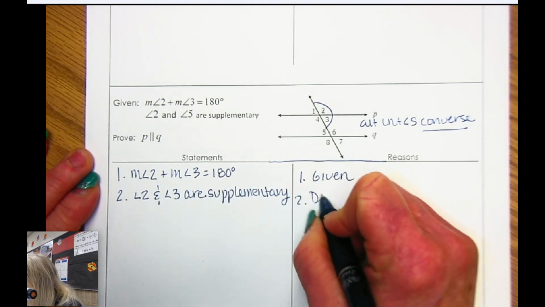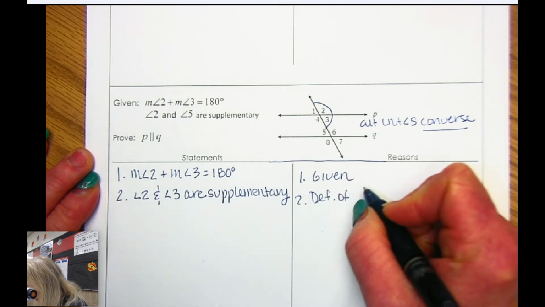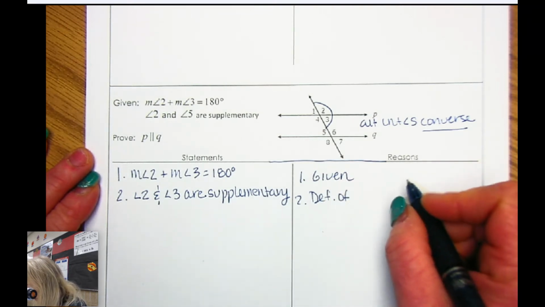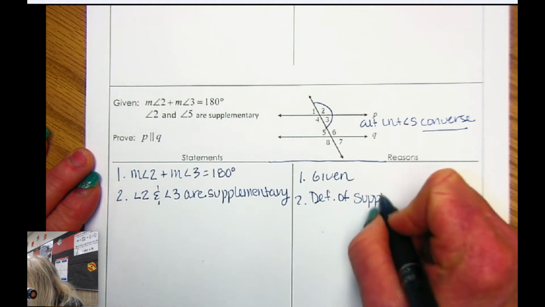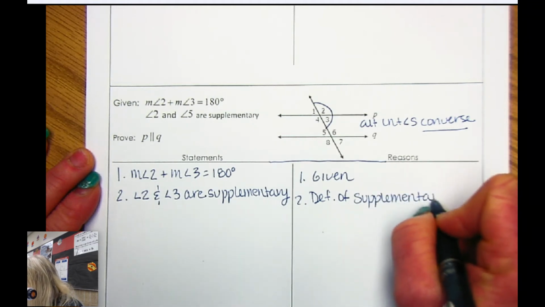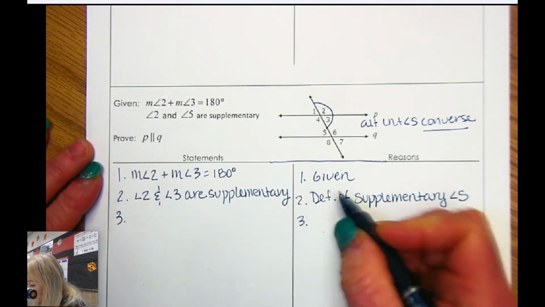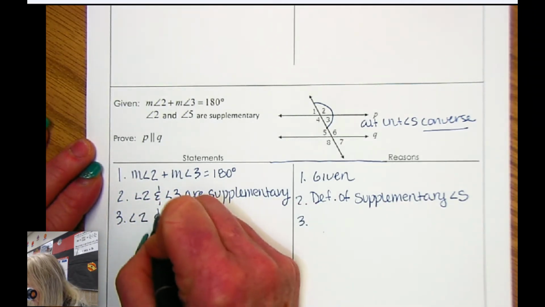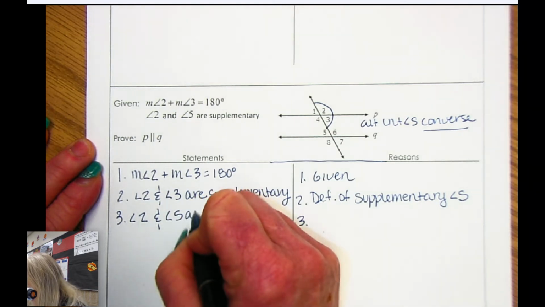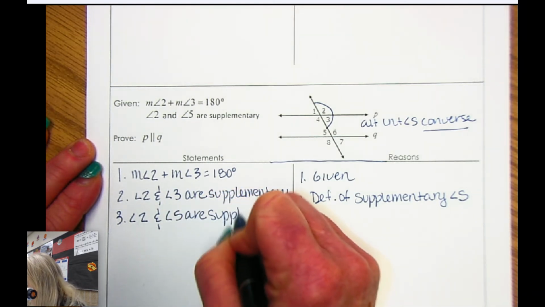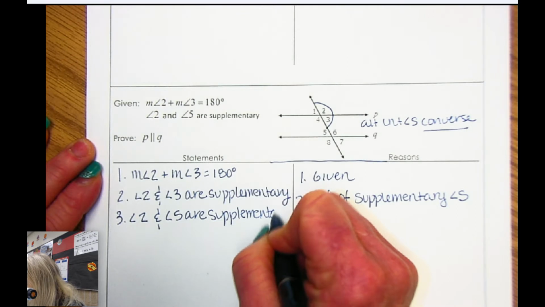And that's by definition of supplementary angles. All right, the next thing we have to state then is that angle 2 and angle 5 are supplementary because that's given.